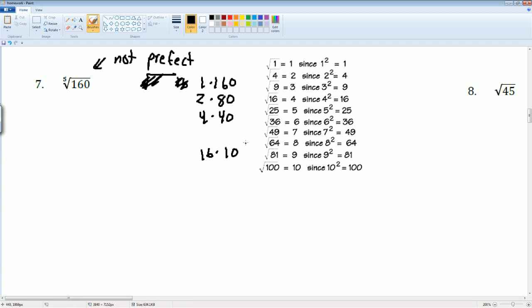What about 25? No, not 25. So I'm going to end up using 16 and 10, okay? I don't even think this is going to work out pretty, right? So I broke it up.